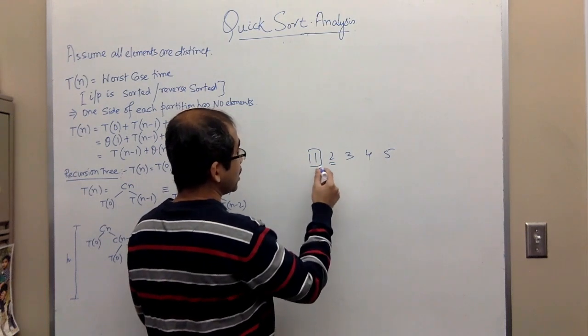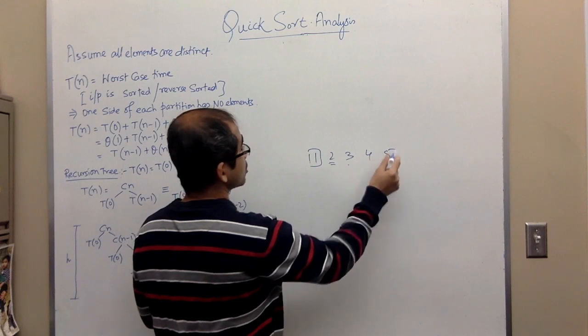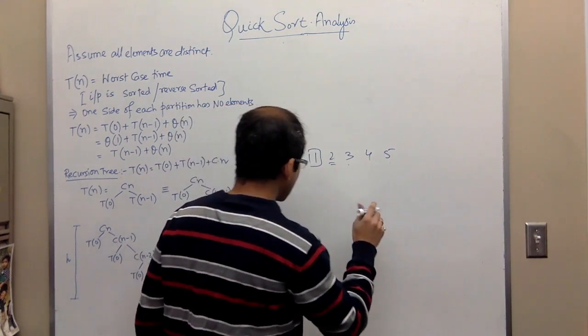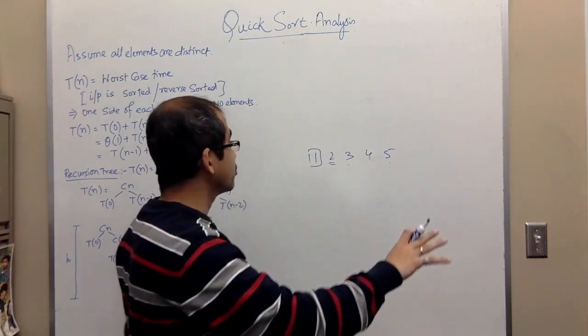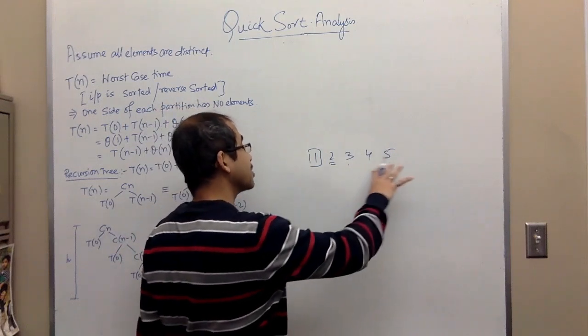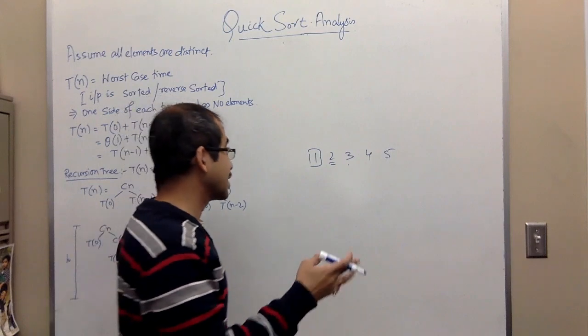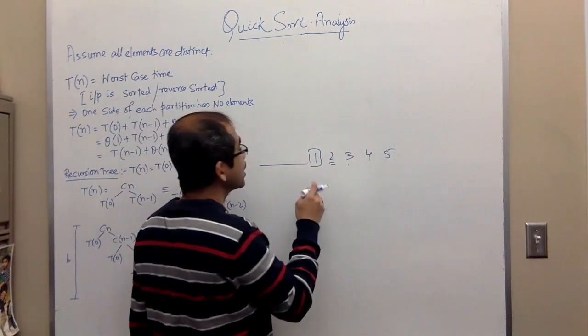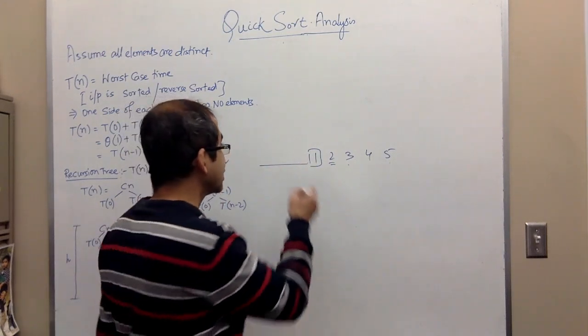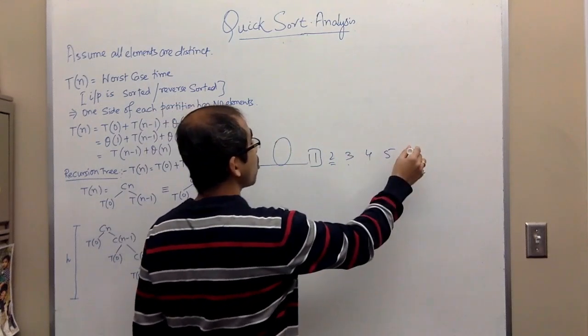It is not, not, not. All the elements are more than the pivot, so they all go to one side, and the other side, where elements are less than the pivot, has no elements. You can see that this has 0 elements and this has all the elements.